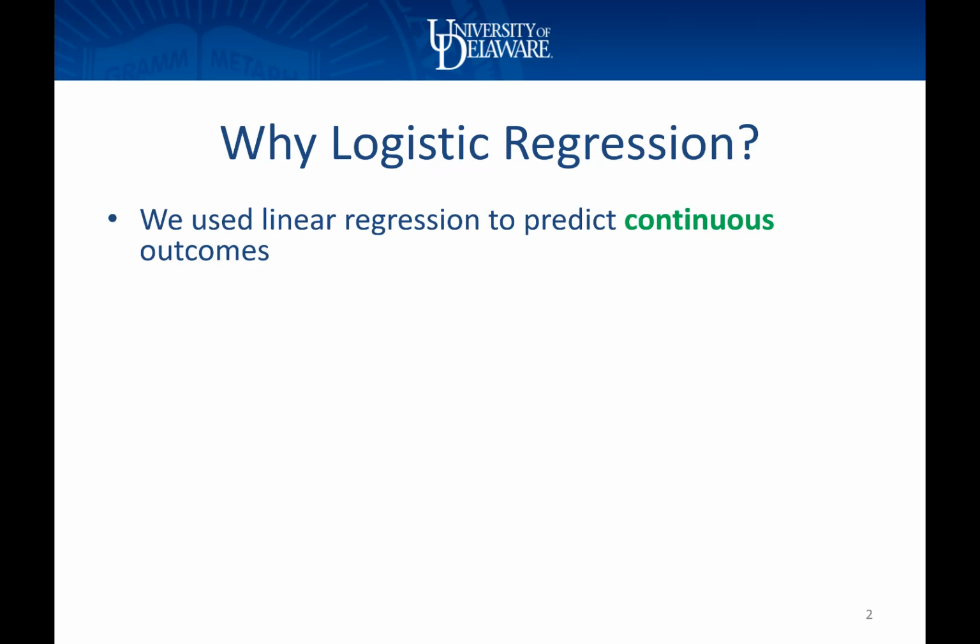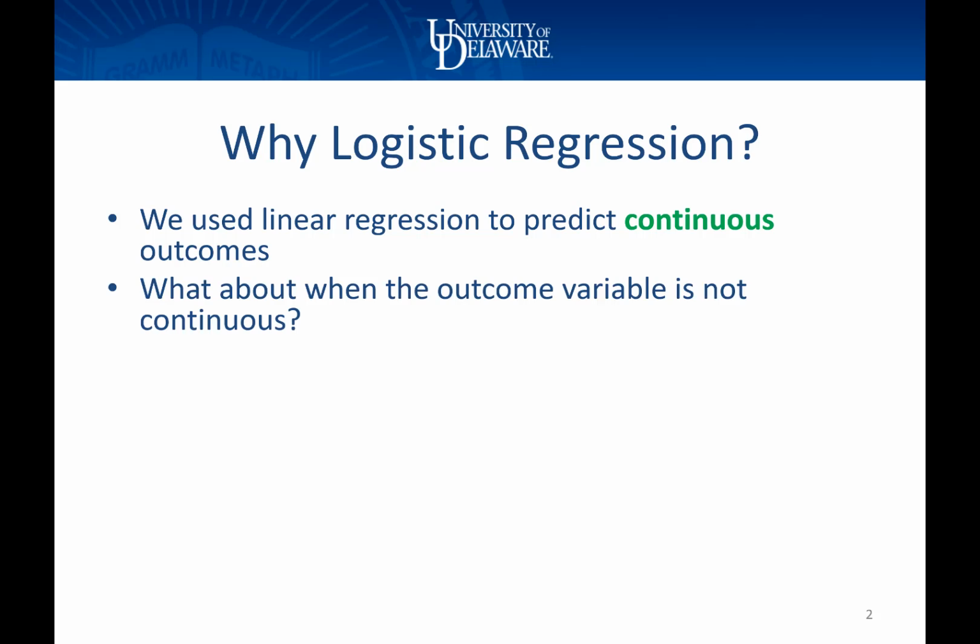So far, we've used linear regression to predict continuous outcomes, things like grades that have a range of values. But what about whenever we come across an outcome that's not continuous?